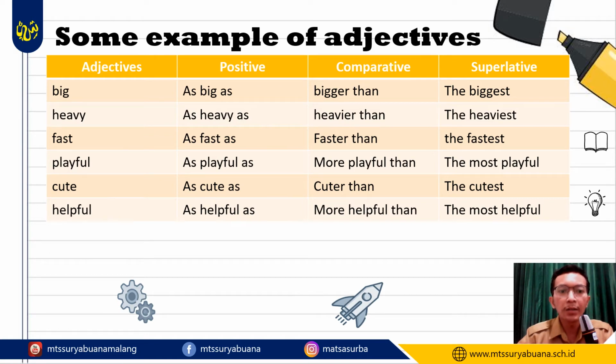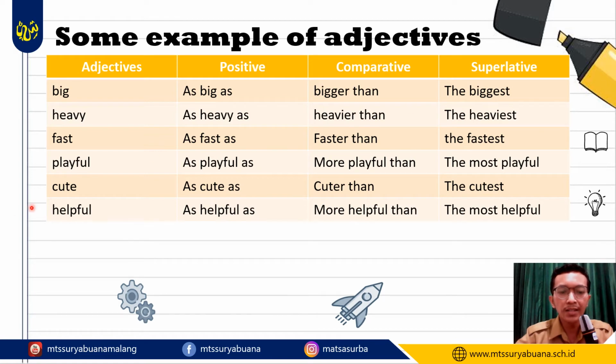And in this column, I provide the other forms of the adjective. Big: in positive form, you can change big into as big as. In comparative form, bigger than. And in superlative form, the biggest.